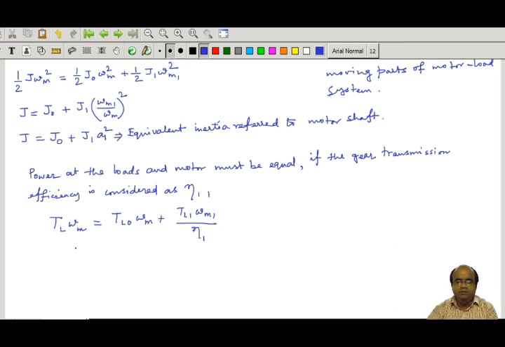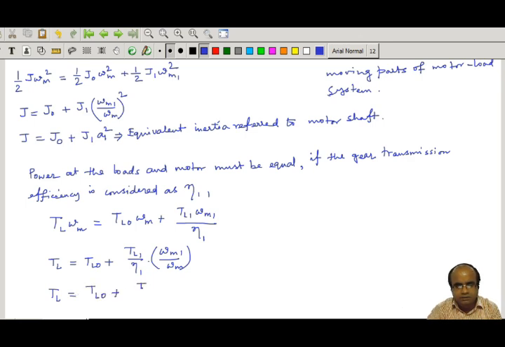Now if I divide both sides by the same omega m, the equivalent load torque becomes TL0 plus TL1 by eta 1 into omega m1 by omega m, that is TL equals to TL0 plus TL1 by eta 1 into a1.